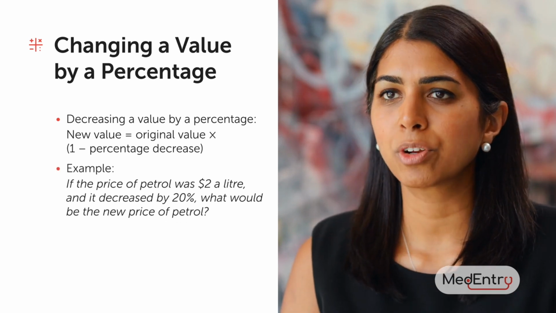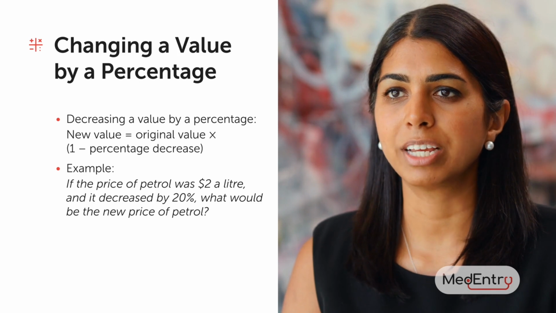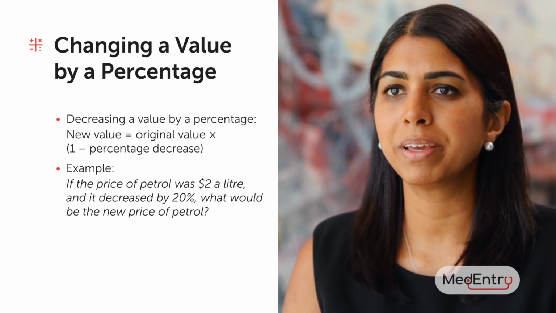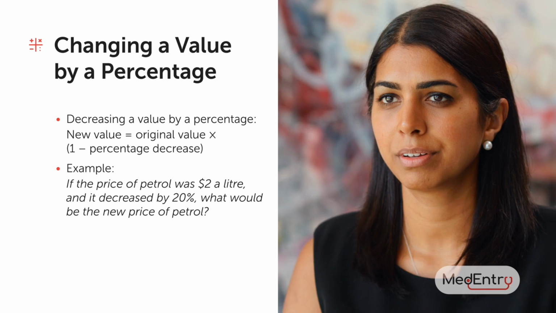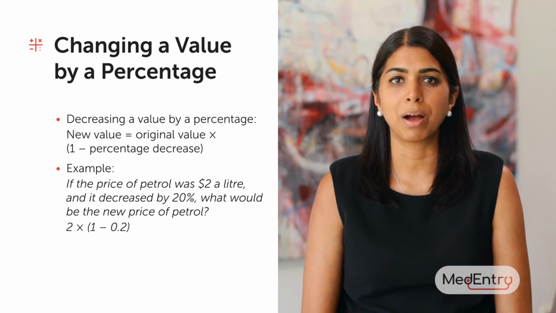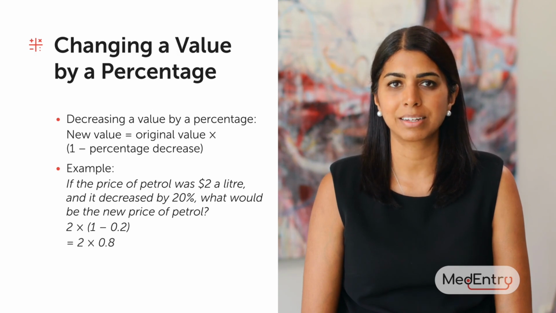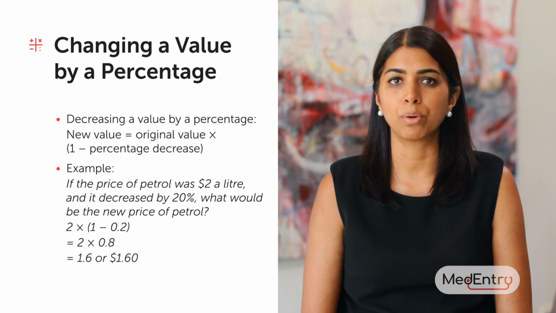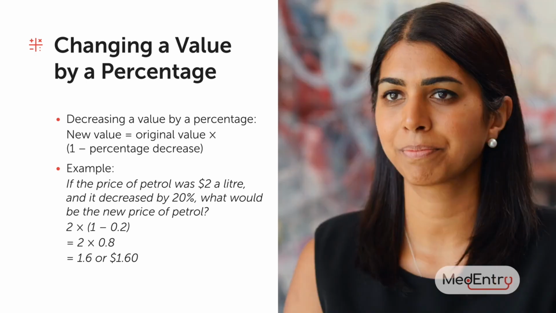If the price of petrol was $2 a litre and it decreased by 20%, what would be the new price of petrol? To calculate this, we multiply the original price by 1 minus 0.2, which is 0.8. $2 times 0.8 is 1.6, which makes the answer $1.60.